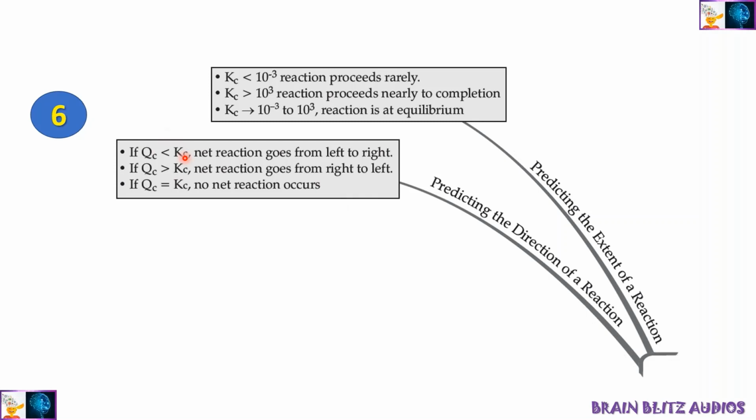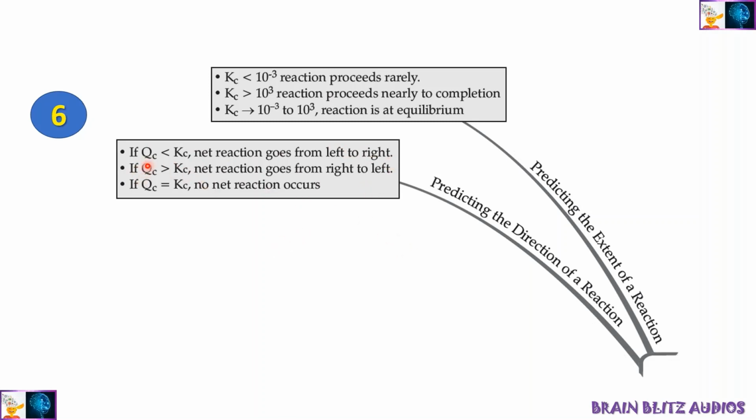The equilibrium constant, Kc, can be altered by the values R and T, the ideal gas constant and temperature respectively, in the gaseous state. So, if the reaction quotient is less than the equilibrium constant, the net reaction goes from left to right. It goes forward.